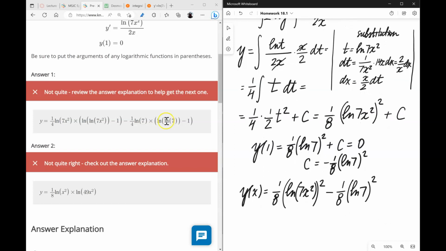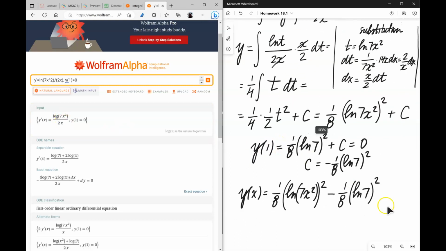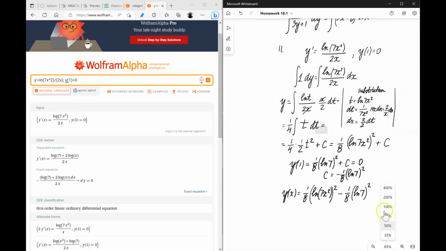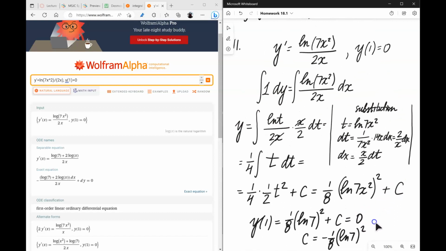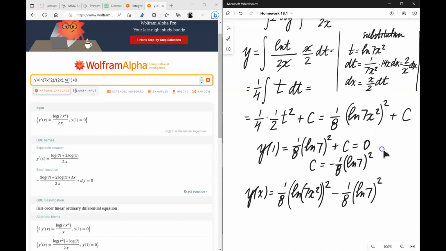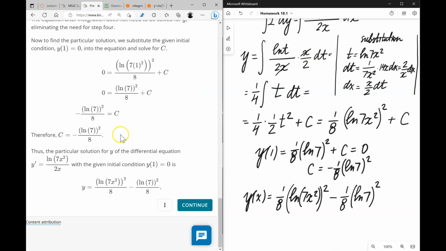So I'm curious, where did Wolfram Alpha get its answer? 7x squared, is this right? 7x squared over 2x. Anyway, so according to Newton, this is the right answer.